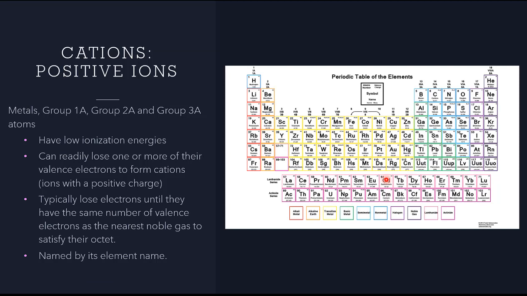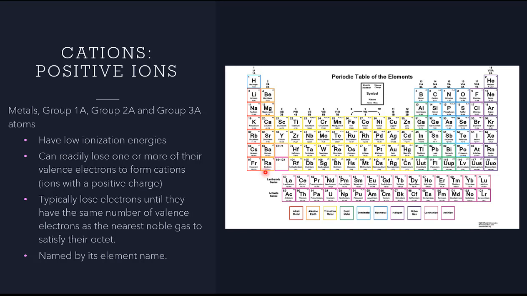Now, atoms have a tendency to form a certain ion, and again, this is going to be due to the octet rule, or the desire for atoms to have 8 electrons. So when we're looking at the periodic table, we can see that cations or positive ions are going to be formed mostly by metals, and specifically metals in group 1A, 2A, and 3A.